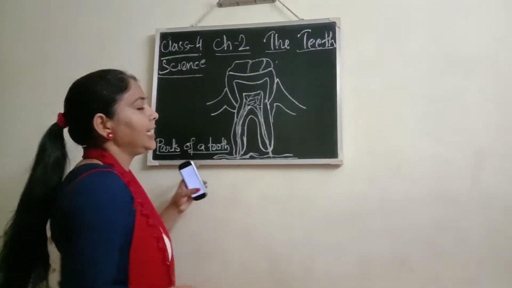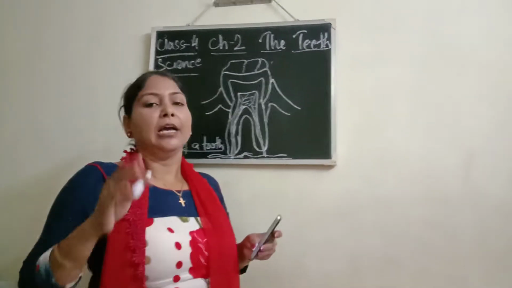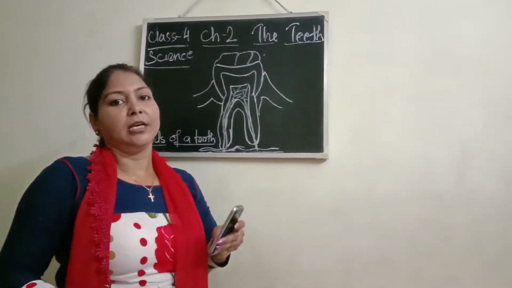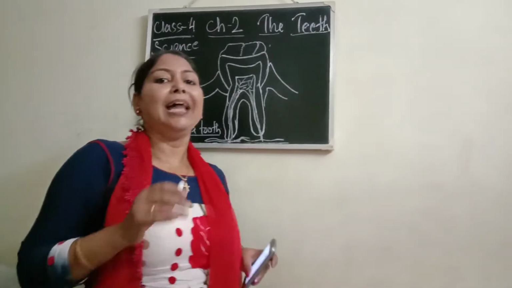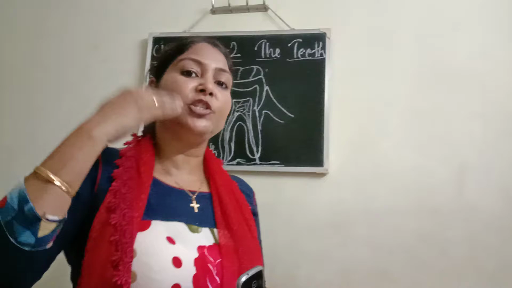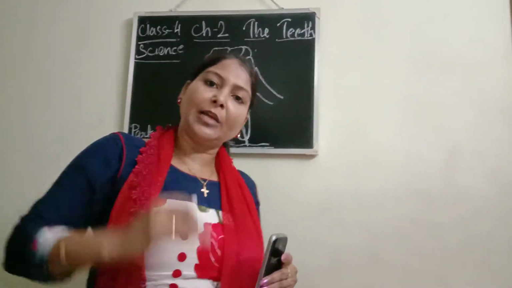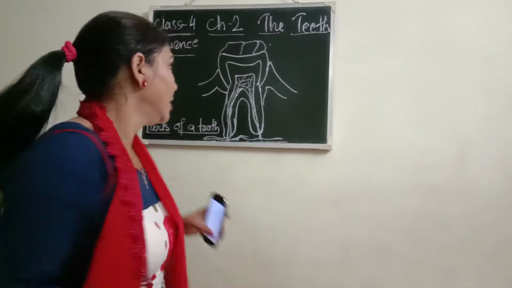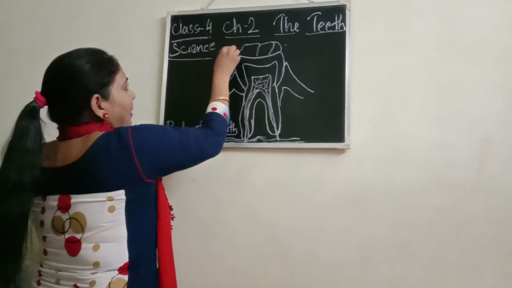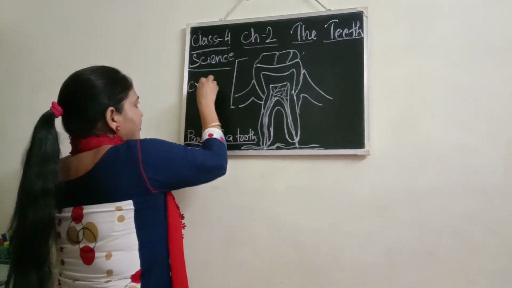Okay, now see, basically our tooth has two main parts, that is crown and root. What is crown? Crown is the part which is visible, which you can see from outside, and the part which you cannot see, that is called root. So you see here, the part which is visible till here, it is called the crown.